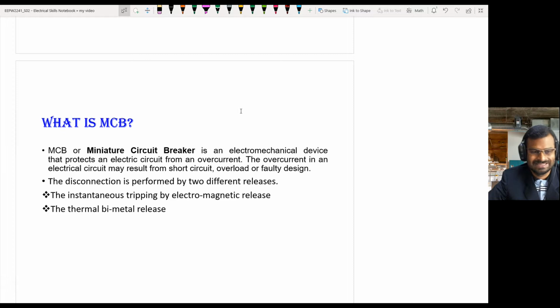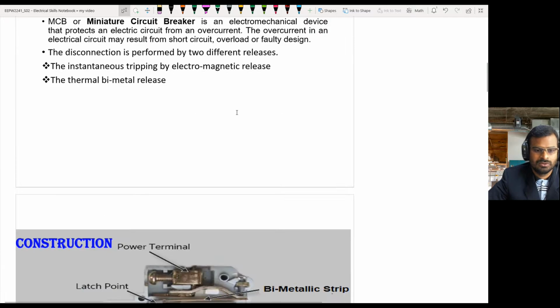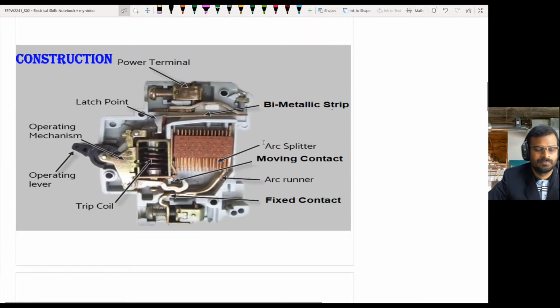Obviously, there are many other parts inside the MCB. Let us see this picture so that you will get a point of what the main parts are inside an MCB. This is a single pole, single phase MCB.